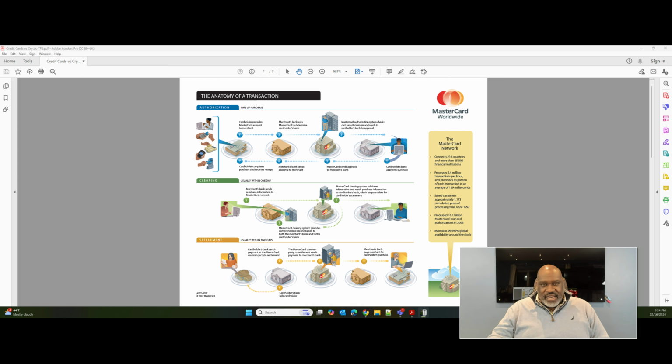All of those transactions happen within the span of 1 to 3 days. And after those 3 days, after you're done with settlement, it might seem like, well, the merchant got their money. Remember, MasterCard laid out the money first. So MasterCard sends the merchant back only a portion of that money, meaning they've already extracted their fee.